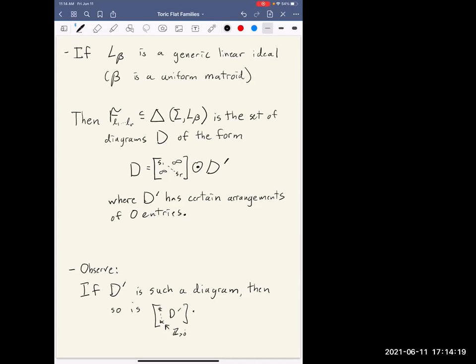And then you will always have a Mori dream space bundle with generic geometric information. A nice observation here is that if you take such a diagram and pad it with some positive integral entries, you always get another such diagram. And so this is a way to construct large combinatorial infinite families of Mori dream spaces.